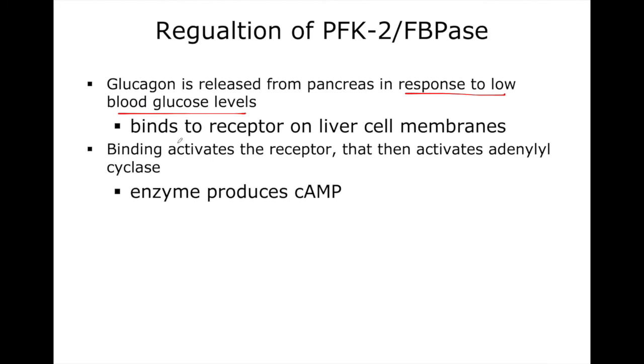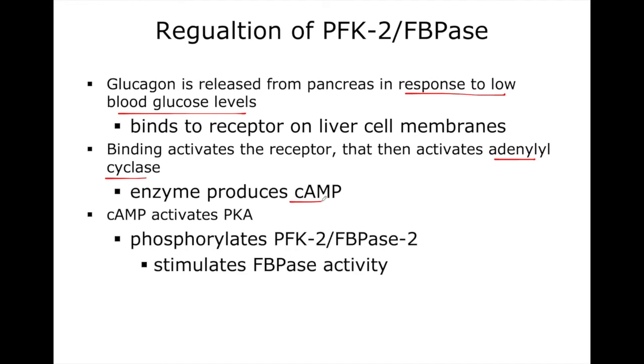The liver cell membrane receptor then activates adenylyl or adenylate cyclase, which produces cyclic AMP. Cyclic AMP then does what? It binds to PKA and activates PKA. And of course, PKA is a kinase, so it phosphorylates our bifunctional enzyme.